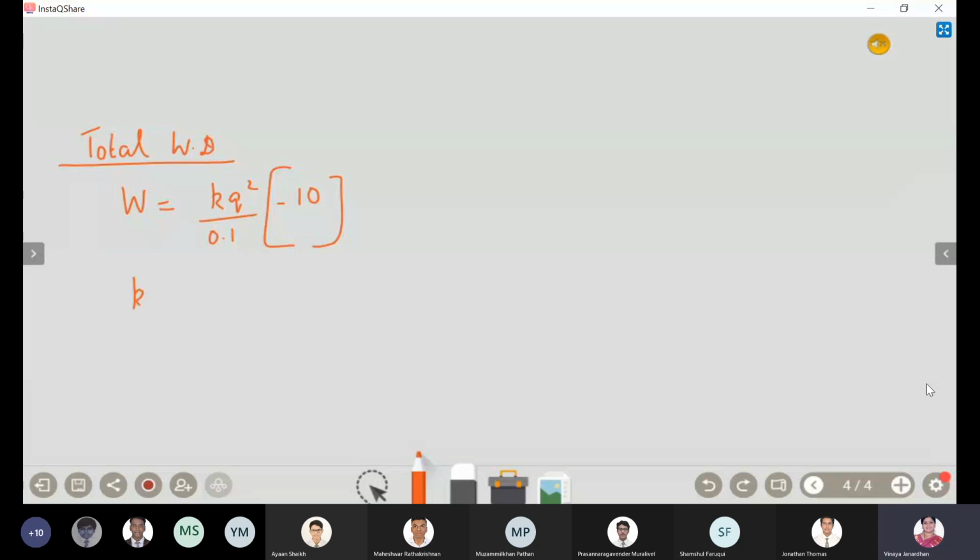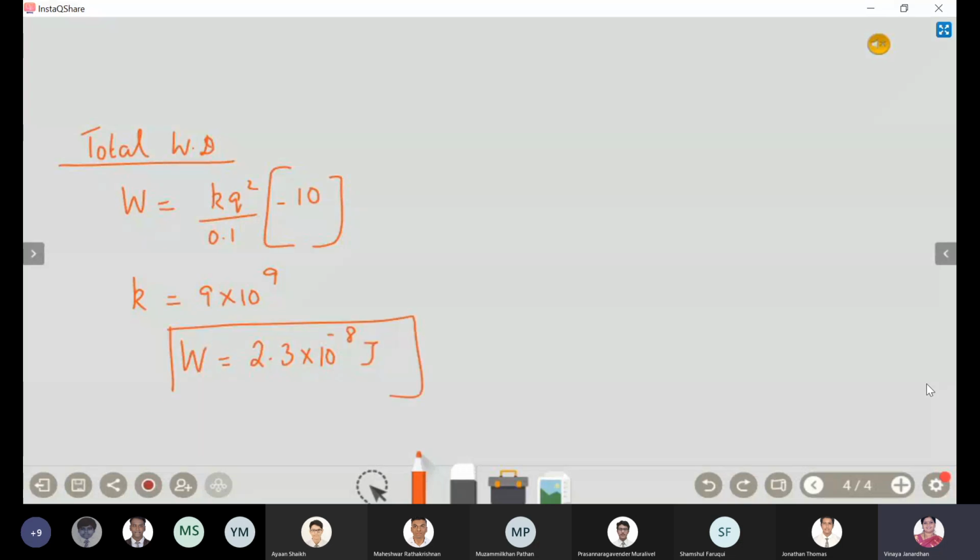K is 9 into 10 to the power of 9, and Q is 1.6 into 10 to the power of minus 10. Calculate, boys. Write the answer. Ma'am, is it 2.304 into 10 raised to minus 9? It is 2.3 into 10 to the power of minus 8.